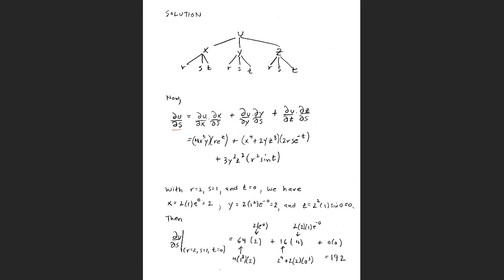So on the first level, u is a function of x, y, and z. In other words, u is dependent on x, y, and z. So how x, y, and z vary will determine how u varies. So I gotta have these 3 pieces.